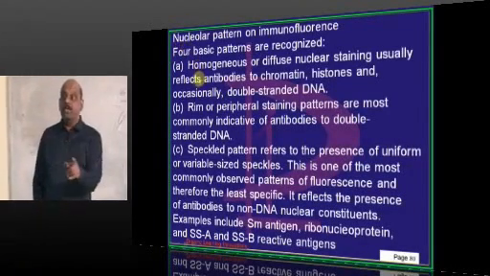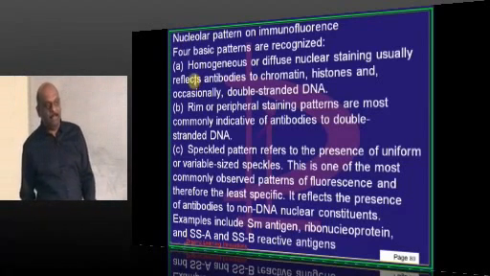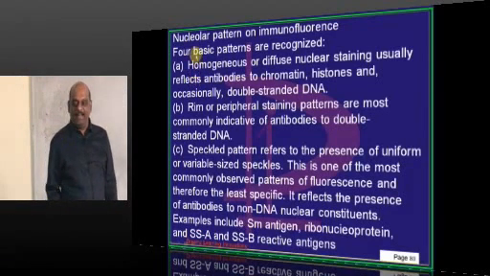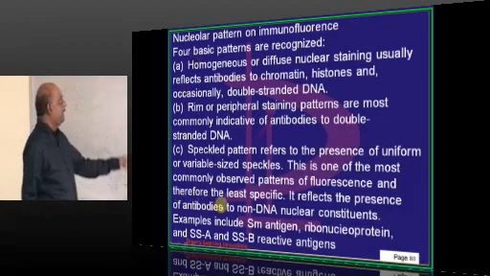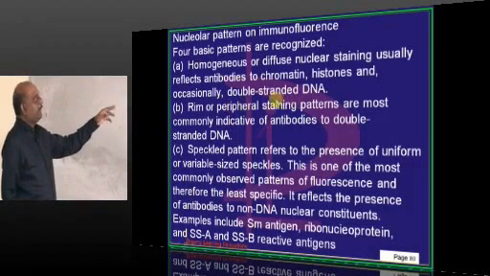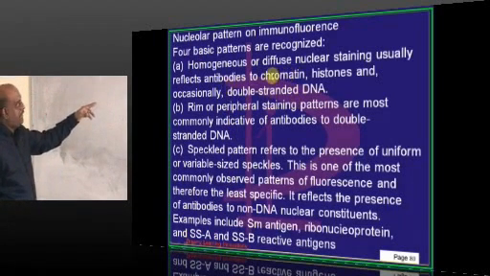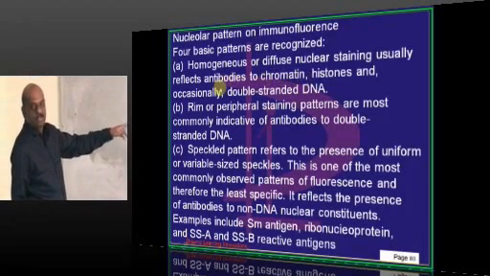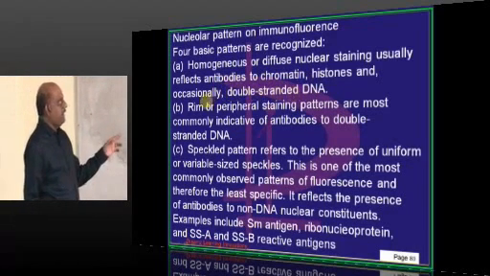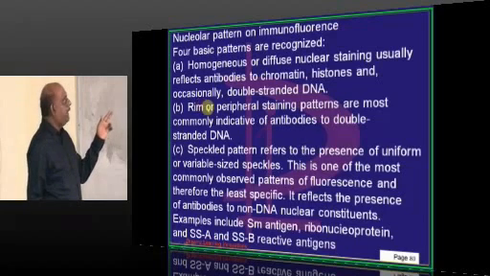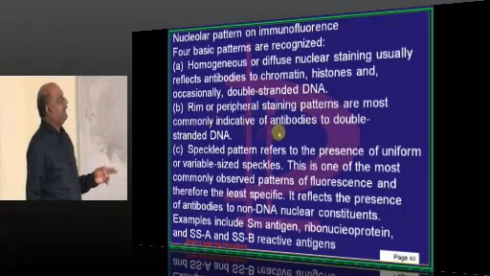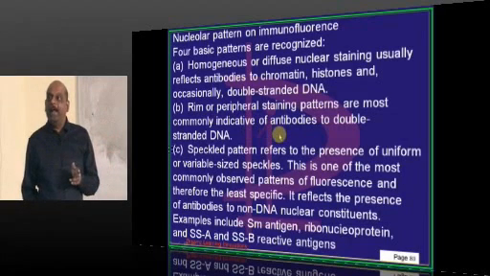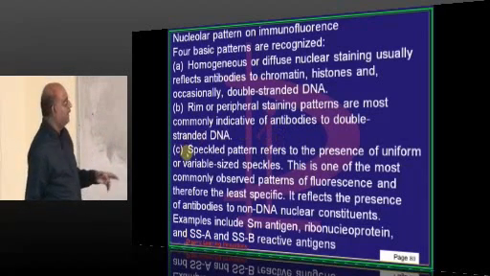So you have a homogeneous or diffuse nuclear staining pattern. I will give one more slide like that in the next exam. It is typically whenever the antibodies are against the chromatin, histones and double stranded DNA. Then rim or peripheral staining pattern, the antibodies are against the dsDNA.